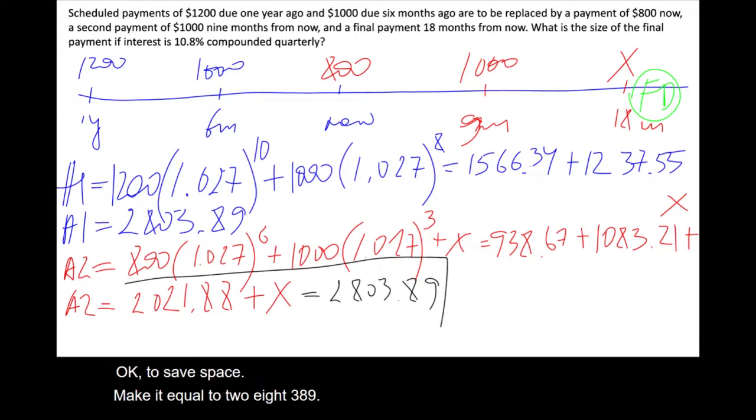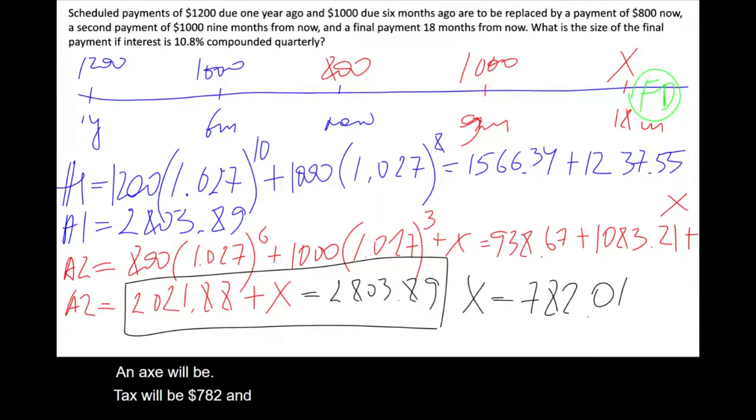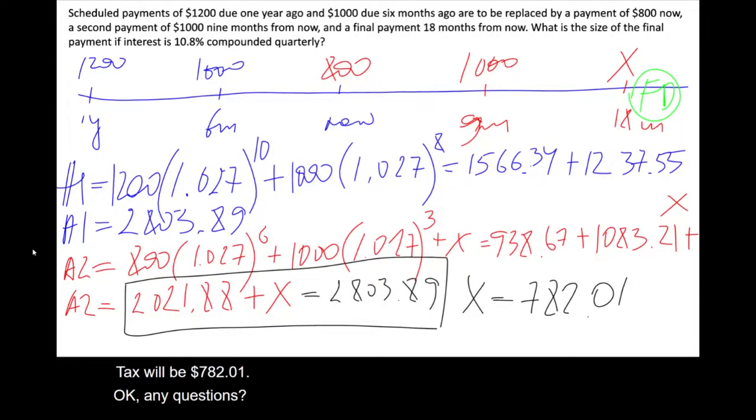That is my equation, and x will be $782.01. Okay, any questions? That was focal date 18 months.